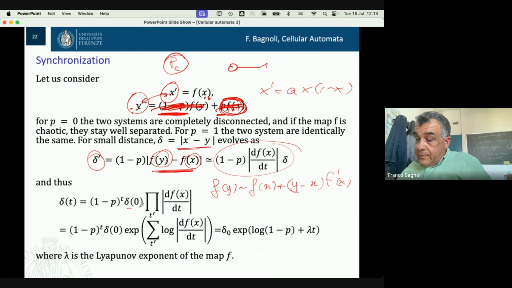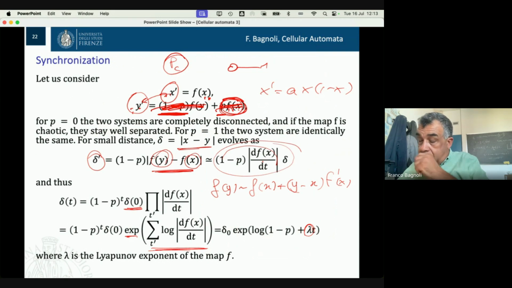So if you start from delta 0, you have to multiply all these terms. You can take clearly the exponential in order to have a logarithm. And you see that these things appear. And this is essentially the Lyapunov exponent of the map.